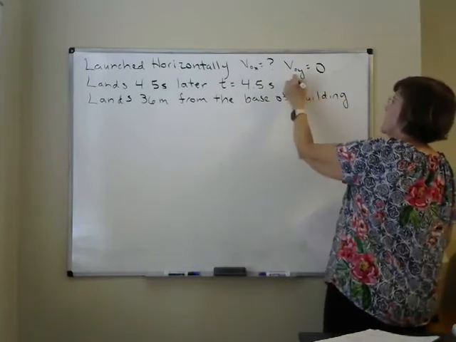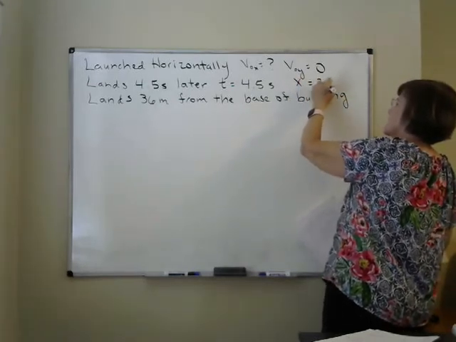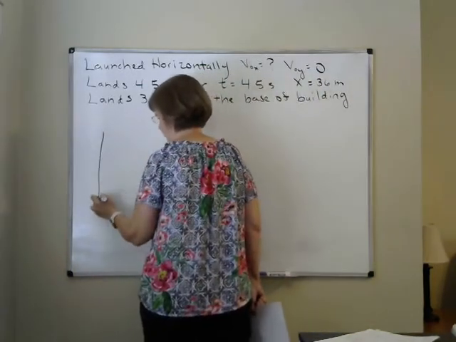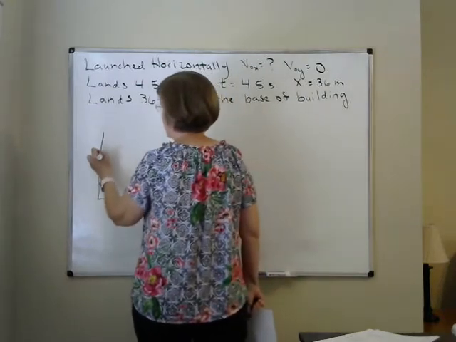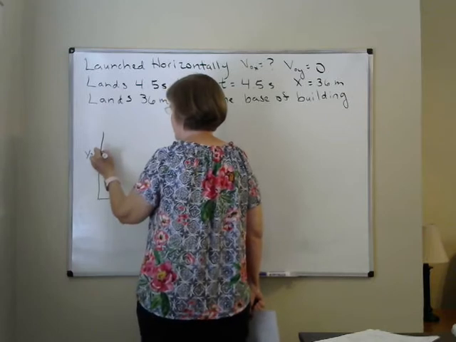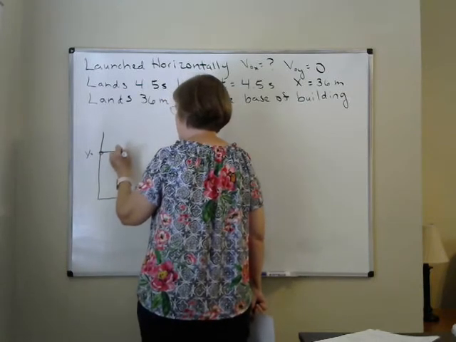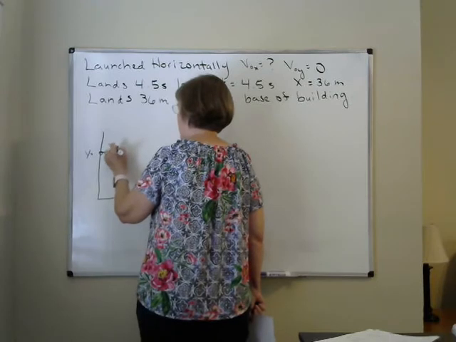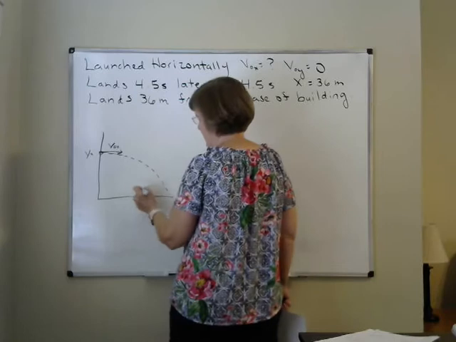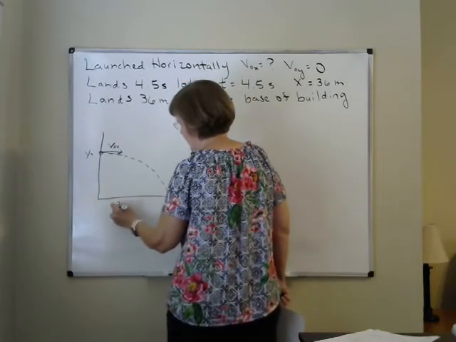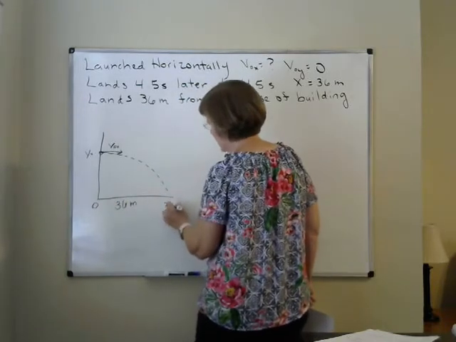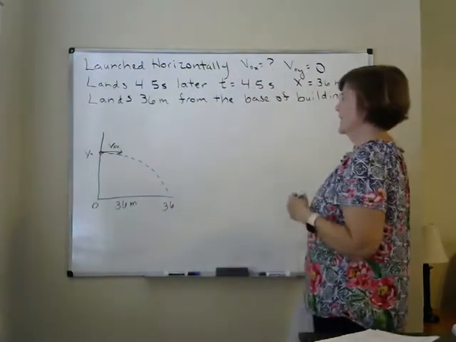In other words, they're telling me that X is 36 meters. So if we draw this picture, it doesn't tell me the height. That's going to be a question mark. Doesn't tell me the initial velocity. But it tells me that this range was 36 meters. So if this is 0, this is 36. And they tell me how long I'm in the air.